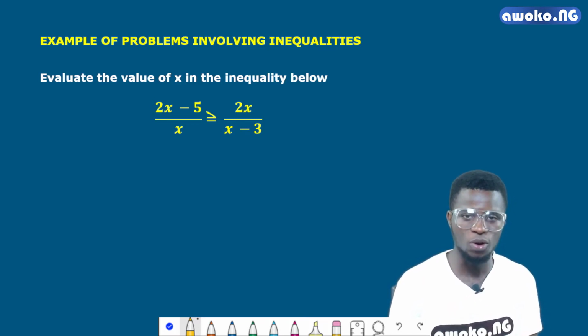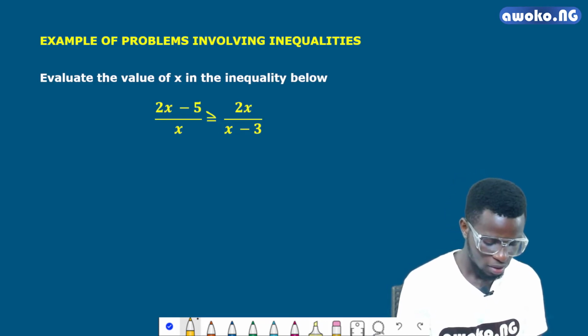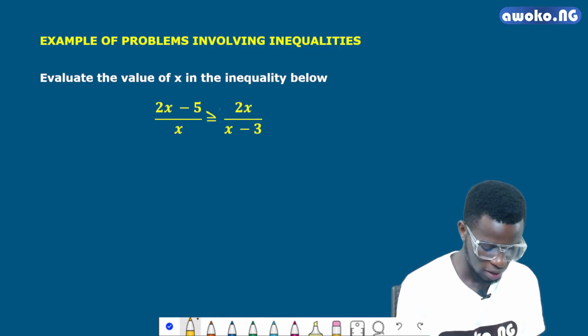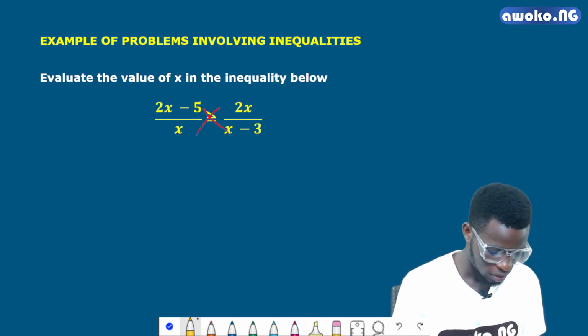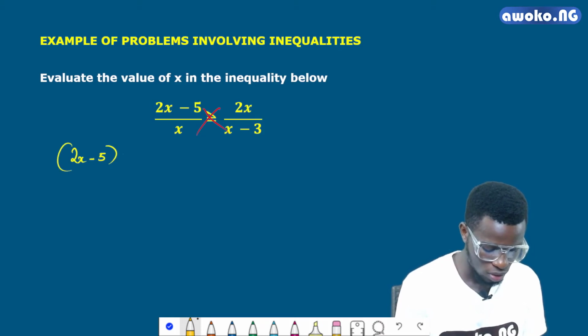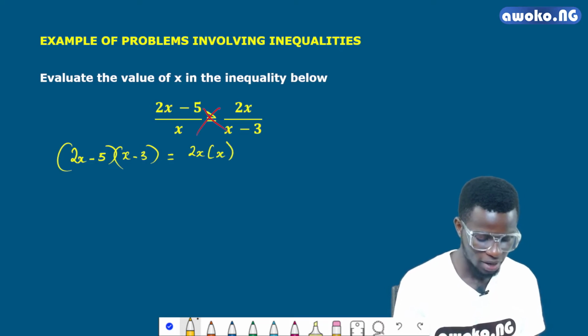The first thing we have to do is to cross multiply to make sure that this inequality is a linear equation. To do that, we can cross multiply, still maintaining the inequality sign. We would have 2x minus 5 into x minus 3 on one side, and 2x times x on the other. Is that okay?